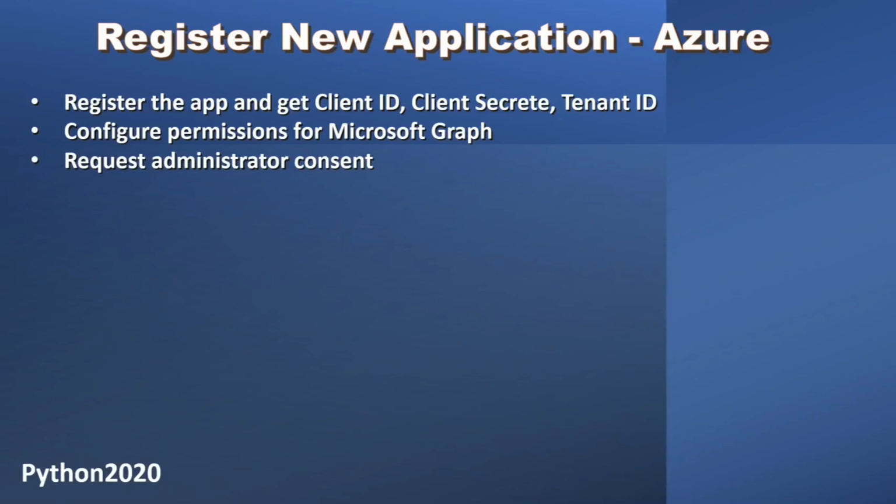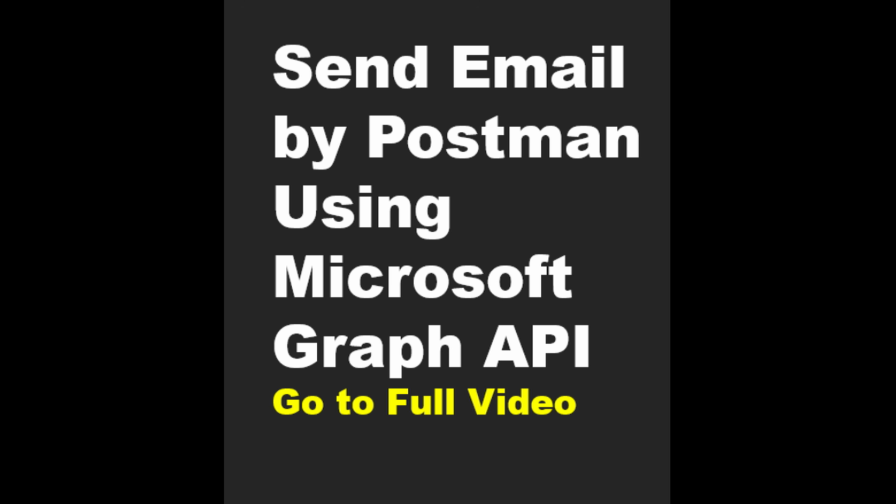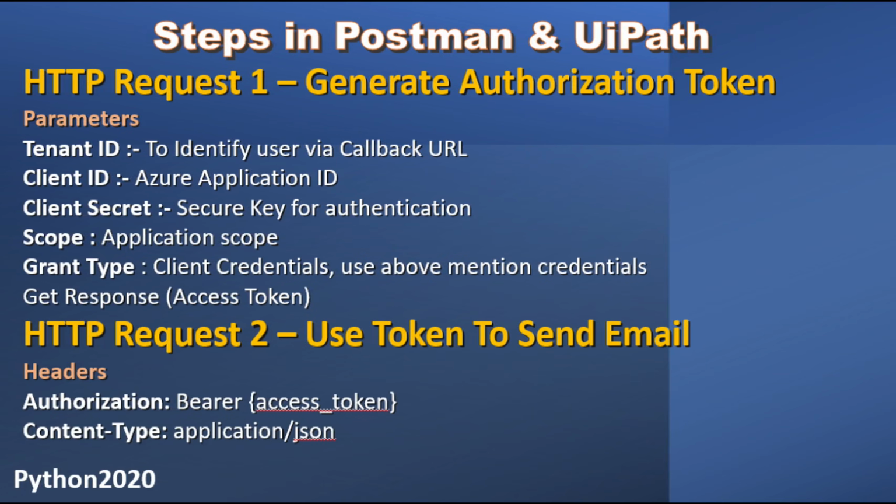Now we will go to Postman client. So I will show the implementation of this API in Postman. To see the implementation in Postman, we need all of these parameters.